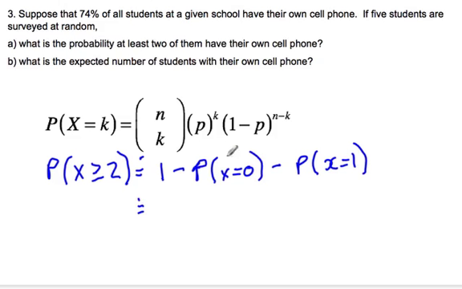So this would be the probability of none of the 5 students having a cell phone, and this would be the probability of 1 student out of the 5 having a cell phone.